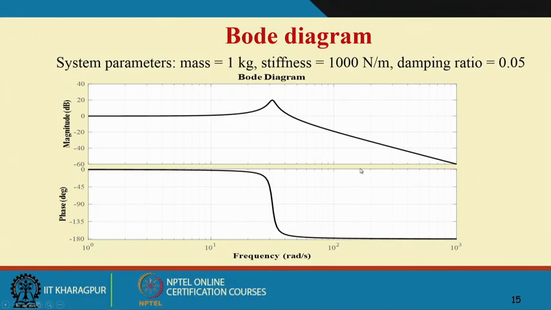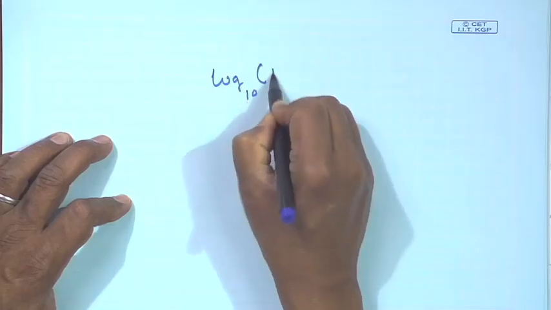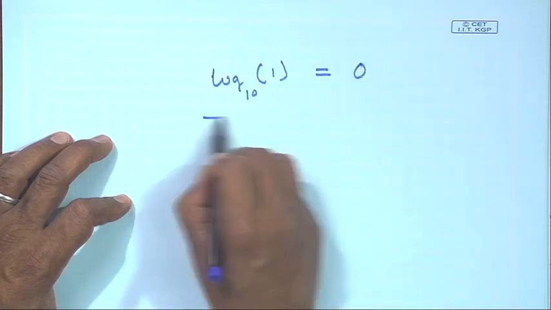Now, sometimes in vibrations the magnitude and phase are plotted together as a function of frequency, and such a plot is known as the Bode plot. When I say magnitude in dB, basically this is a log scale. The logarithm of 1 to any base is actually 0.